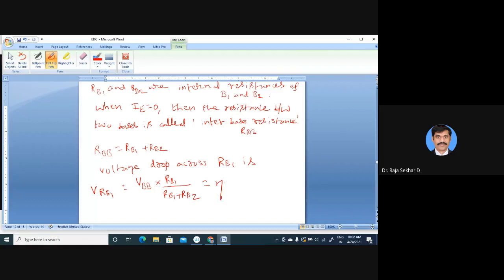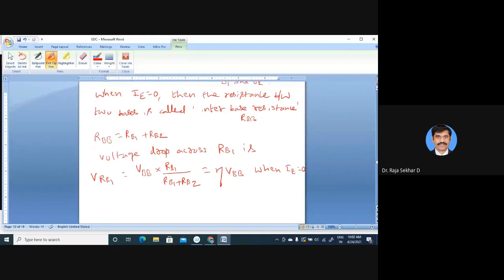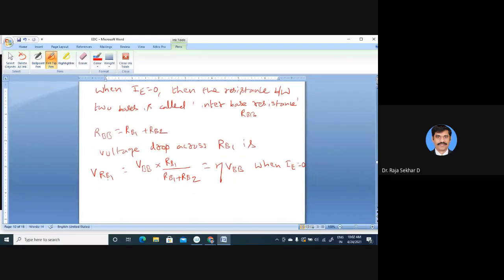This is also called eta VBB when IE is equal to 0. So what is eta here? RB1 by RB1 plus RB2.